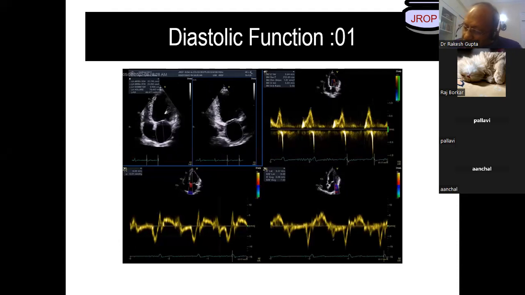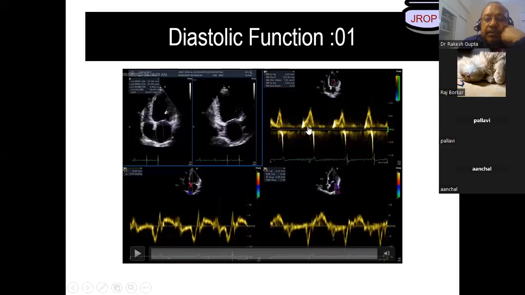Achal, I have given you certain parameters for diastolic function. The E/A ratio is 0.53. E prime is 5 at the septum and 5 at the lateral. In which category would this patient be classified?